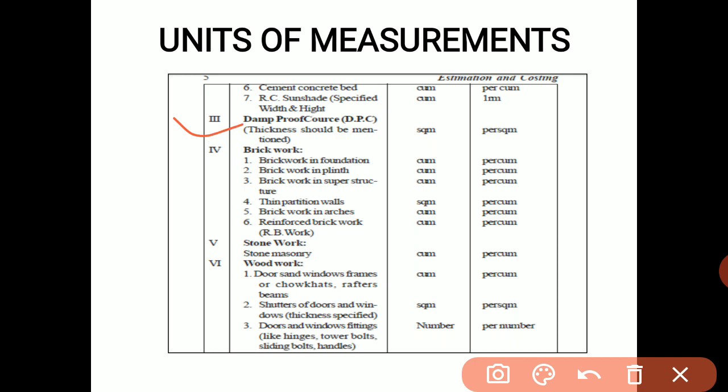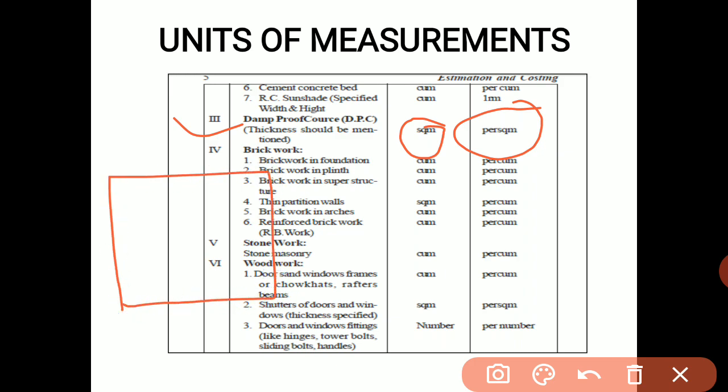Now just consider damp proof course, DPC. Okay, the thickness should be mentioned separately here and DPC is measured in square meter. Again here the thickness of the DPC course is very minute, that is 12 mm thick, 15 mm thick or 16 mm thick at most.